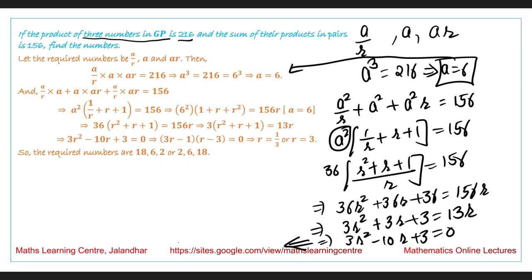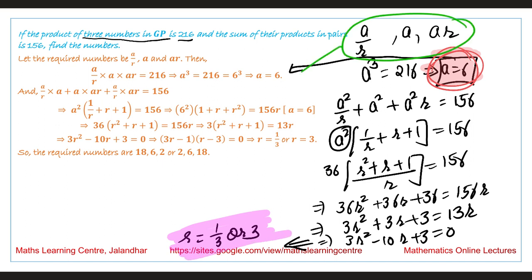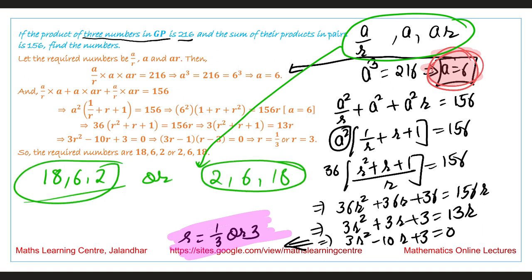This gives us the value of r as 1/3 or 3. So what we have obtained is a = 6, and r is 1/3 or 3. If we substitute these values, the final numbers are 18, 6, 2, or 2, 6 and 18. So these are the numbers that we have.